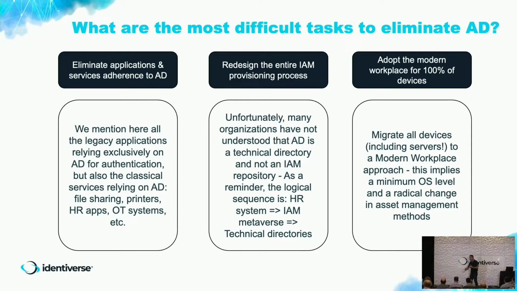But they try to use AD to manage profiles and to do this synchronization with applications, databases, and so on. So if they want to cut AD, for sure, they will need to change everything. They will need to change all their IAM processes. That's a classic mistake.